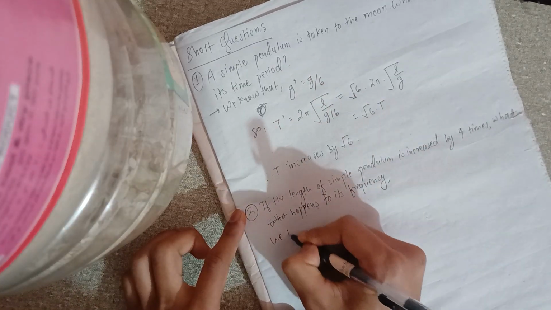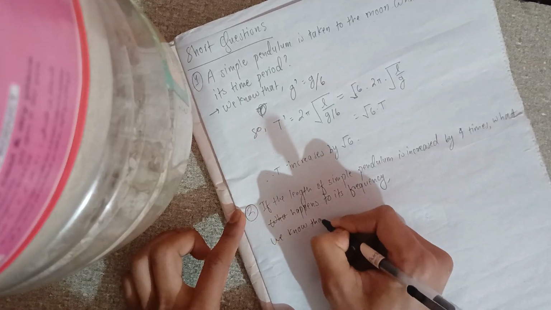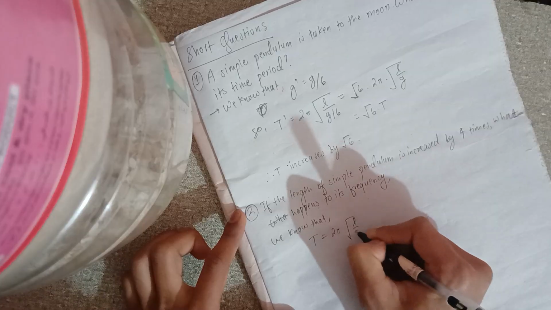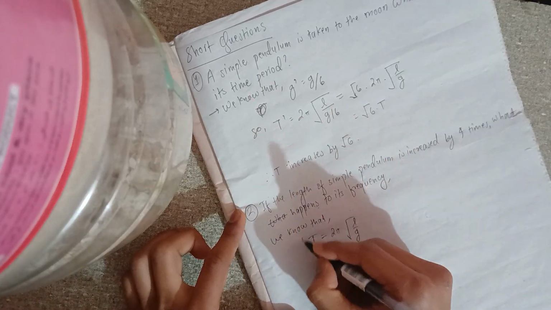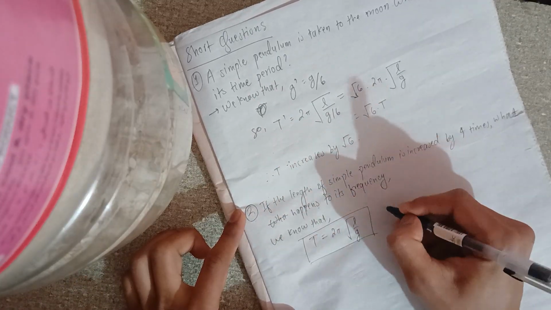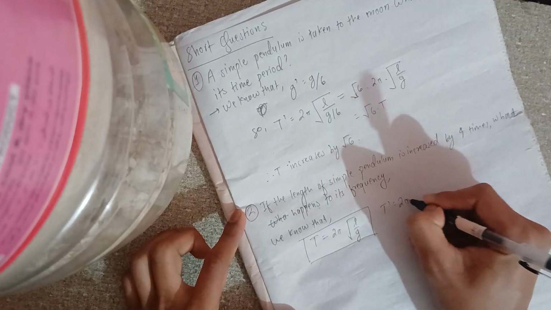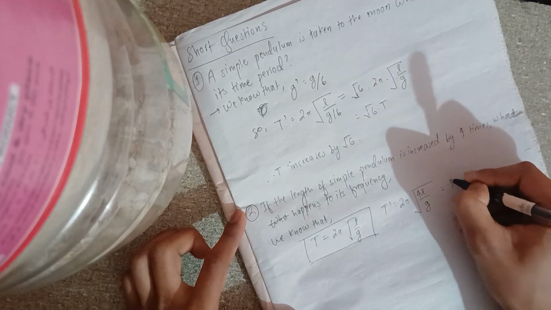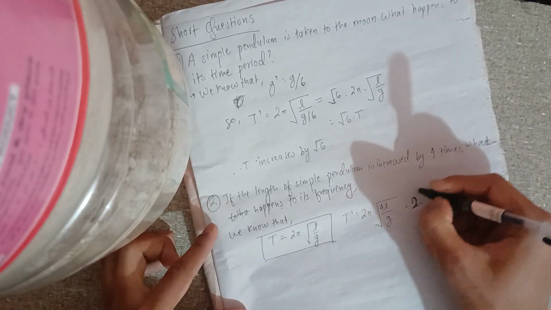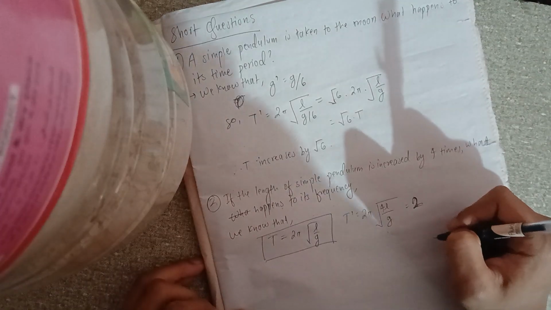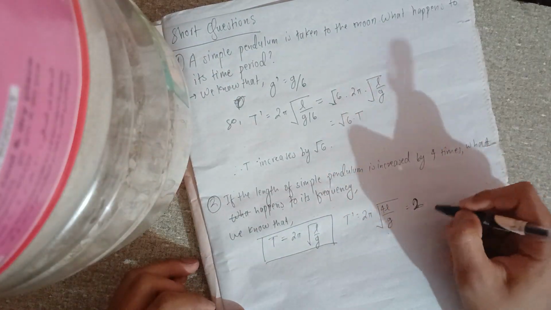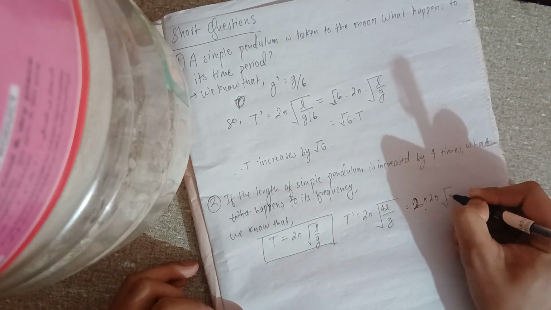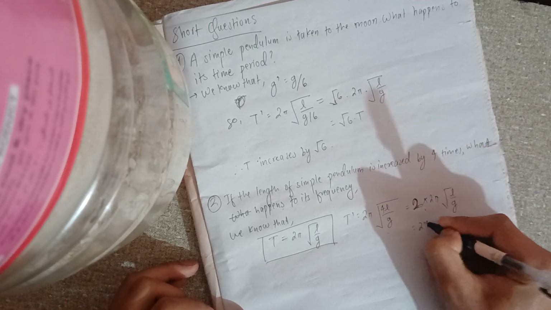We again know that time period is equal to 2 pi under root L by g. If the length is increased by 4 times, then T prime will be equal to 2 pi under root 4L by g. This 4, the 2 will come out from the square root, making it 2 into 2 pi root L by g. So this will be 2T.